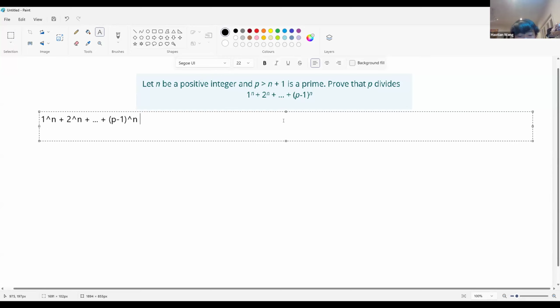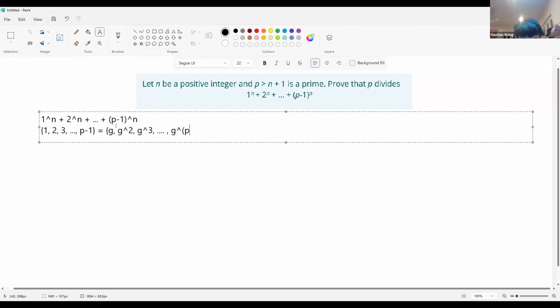And 1, 2, 3, all the way up to p minus 1. If we think about what we've been taught in the tutorial, it should remind you of something, and that is that this set is equal to g squared, g cubed, all the way up to g to the p minus 1.